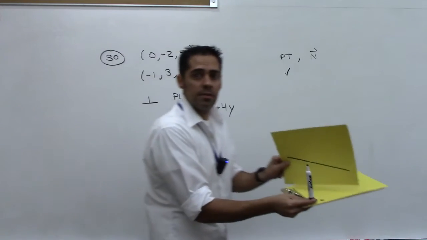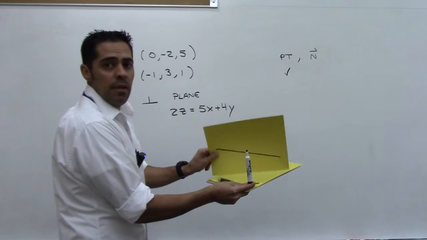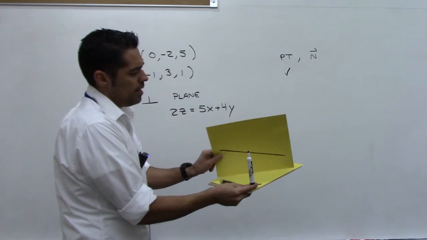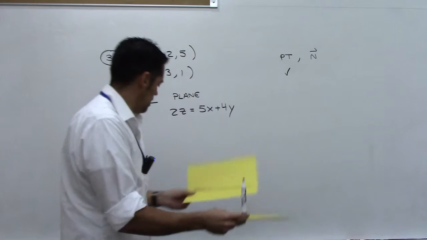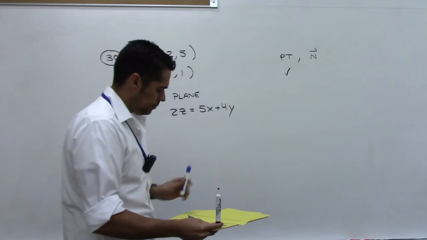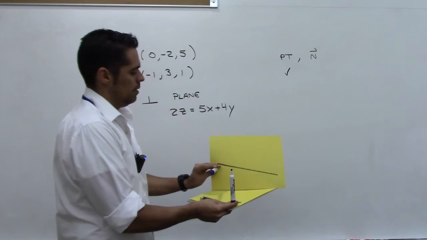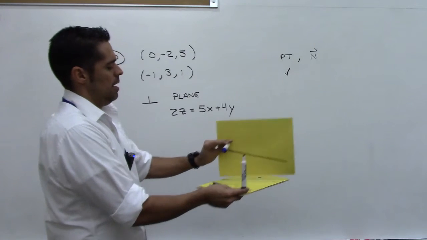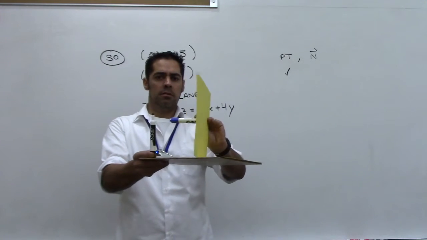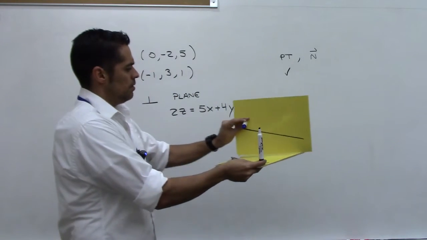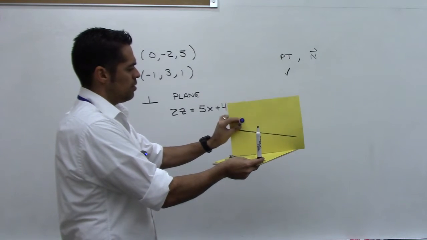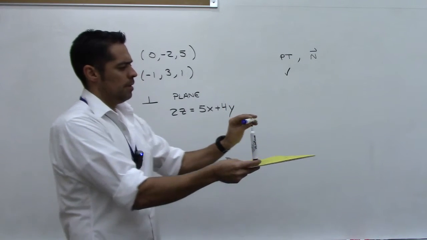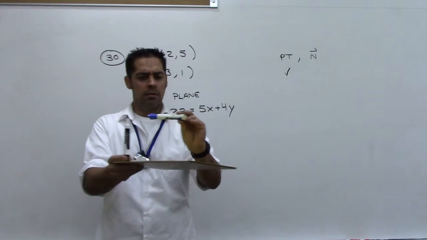Remember that this plane right here has a normal vector coming out of it, and that is perpendicular to this plane. So if I were to imagine that normal vector without this plane being here, it's running perpendicular.